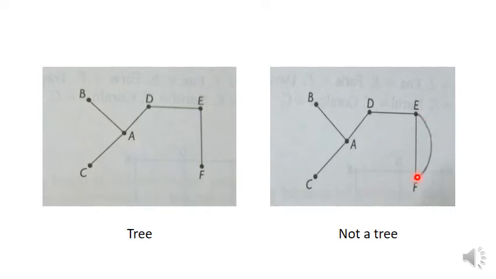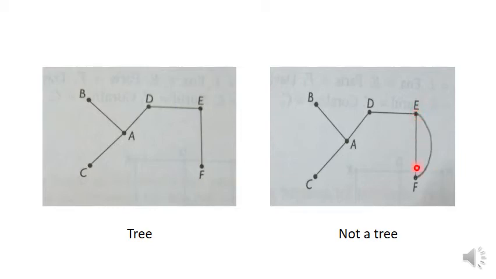What is multiple edge? Okay, look at vertex E and vertex F. Vertex E joins with vertex F, you have one edge. And then one more, vertex E also joins with vertex F with the other edge. So vertex E and vertex F are joined by two different edges.